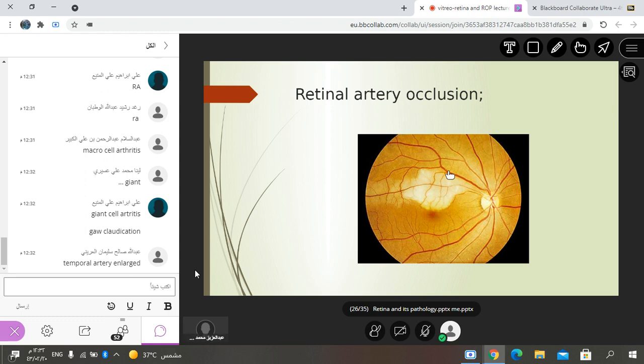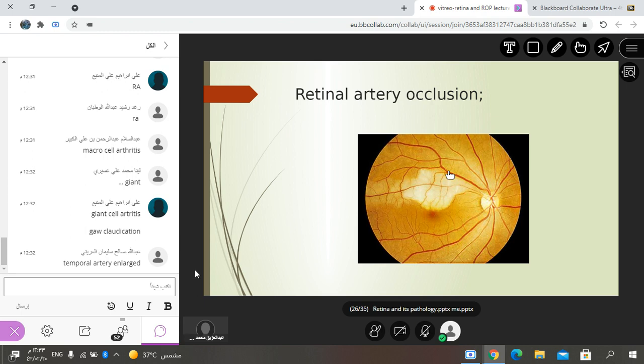What is it? Don't abbreviate. Temporomandibular joint, if I'm not wrong. Yes, jaw claudication, excellent. But the pain and headache are where? In the temporal area. Okay.